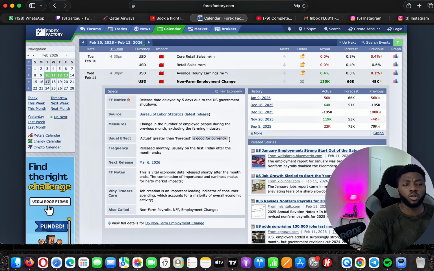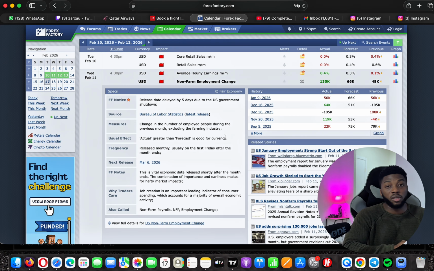You can even just focus on what they're saying here, which is good for the currency or bad for the currency. This is what we really need here, which simply means whenever the news release is good for the currency, it's bad for gold.